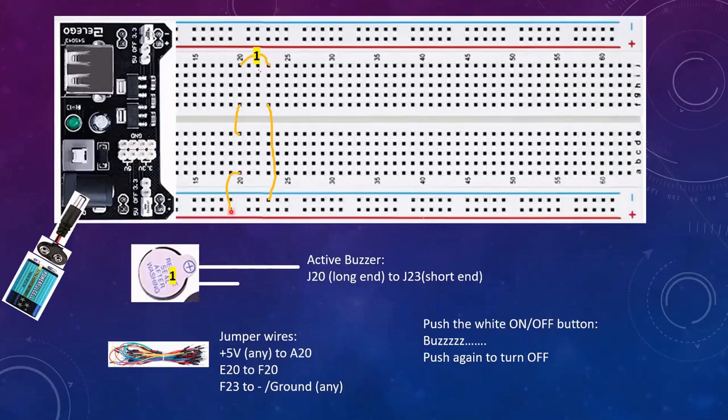So since this wire here around column 20 is bringing the positive flow of current, we're going to put the long lead in J20. And then the short lead will automatically go into J23. You don't have to bend the leads on this particular component. So I'm going to see if I can get the second camera going and actually build this thing.